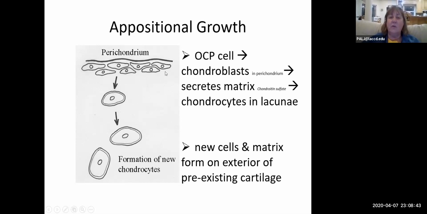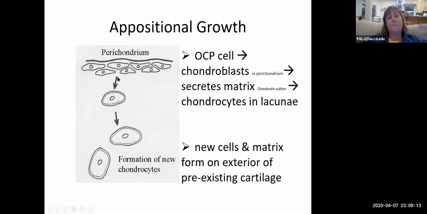It becomes a chondroblast. So the chondroblasts are still in the perichondrium, okay? And then they're going to start secreting the extracellular matrix, which is going to contain a chemical called chondroitin sulfate, which is a chemical from the name. You can tell, oh, chondro, it's something that's in cartilage. What's interesting is it's the same chemical we're going to see in bone later on. And so it's going to secrete the matrix, and then the matrix surrounds it in all different directions.